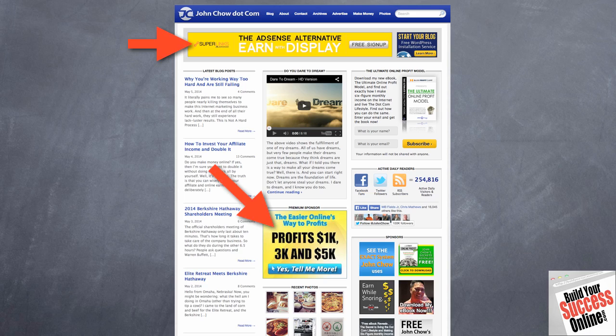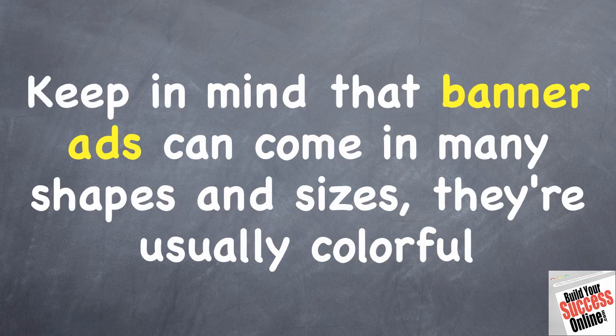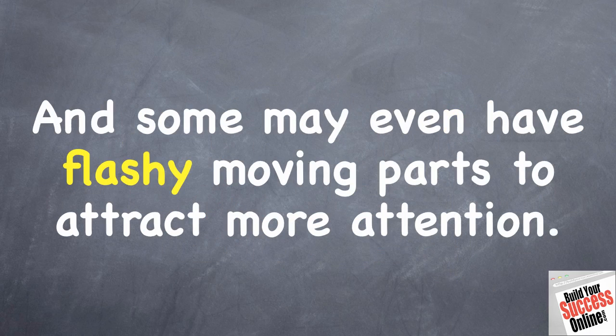There's also an ad right here smack dab in the center of the page, which is a good spot. And there's also some over here in the sidebar, all different sizes and shapes and so forth. And that's important because keep in mind that banner ads can come in many shapes and sizes. They're usually colorful, and some may even have flashy moving parts to attract more attention.